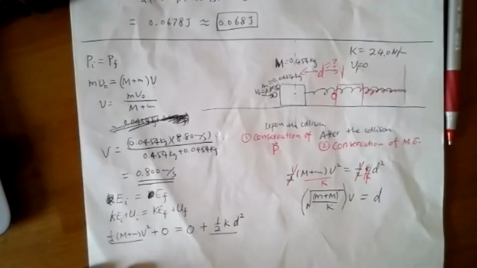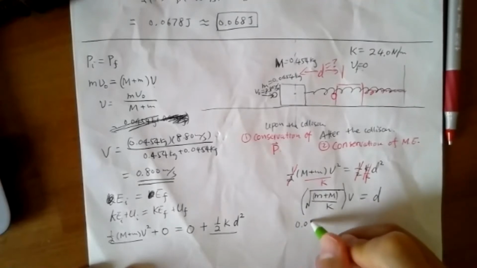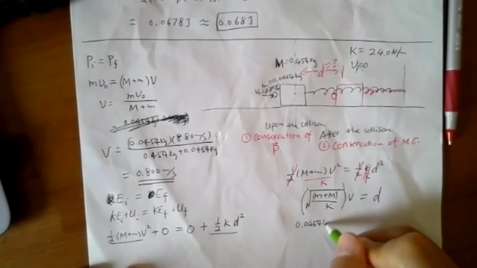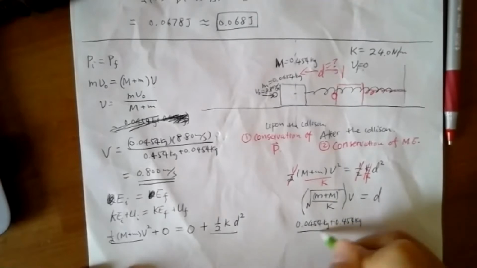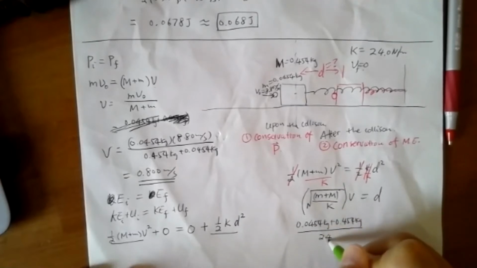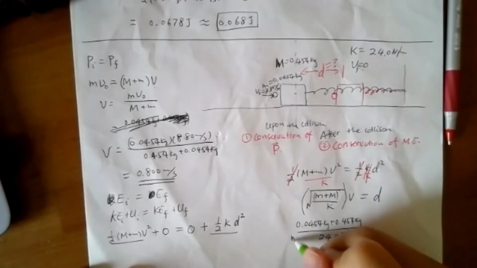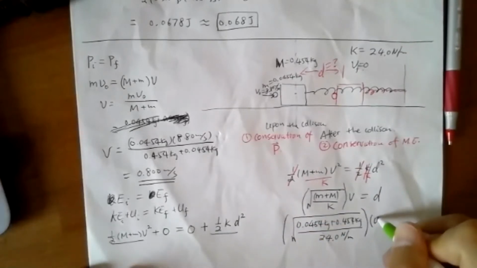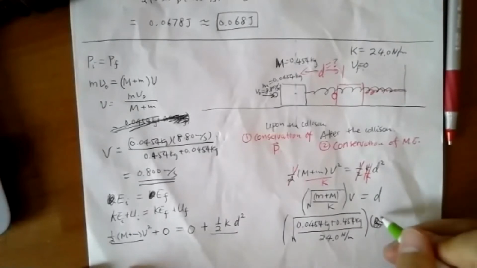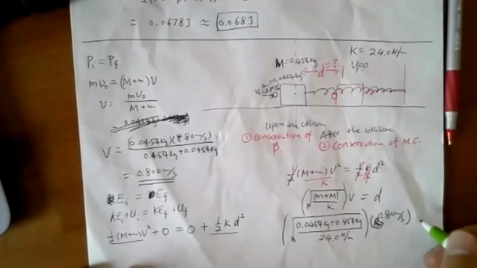All right, so then you can plug in all the numbers you have. 0.0454 kilogram plus 0.454 kilogram, divided by 24.0 newtons per meter, square root of it, times 0.800 meters per second.